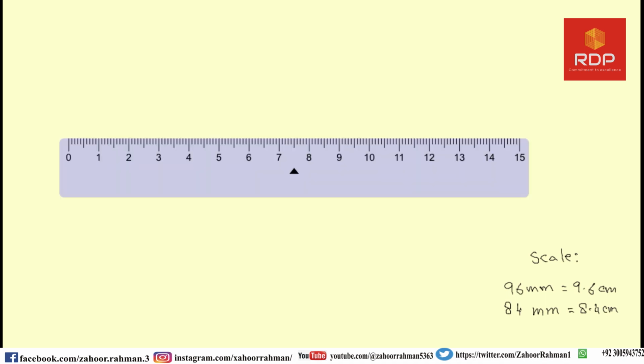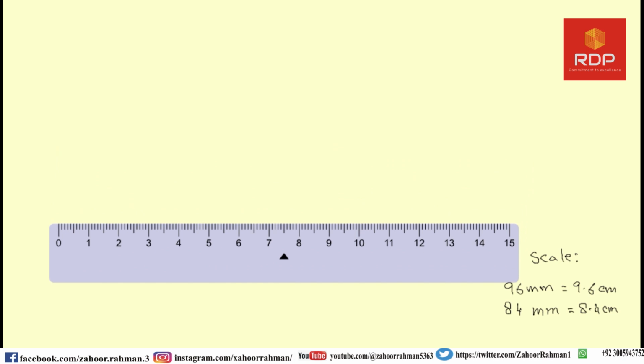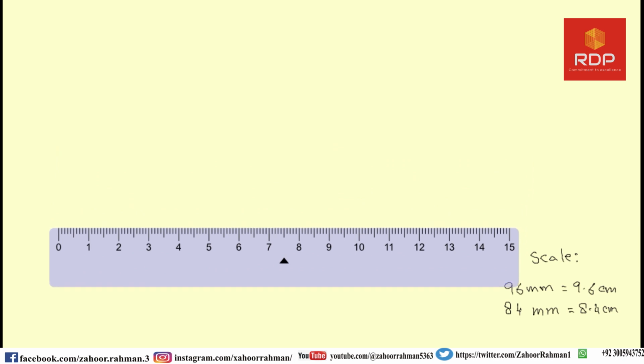Now according to my criteria, which is not mandatory, I'm telling you again, you draw the longer side on the x-axis. In this case 9.6 is the longer one. So let me draw a line of 9.6 here, and let me label it.